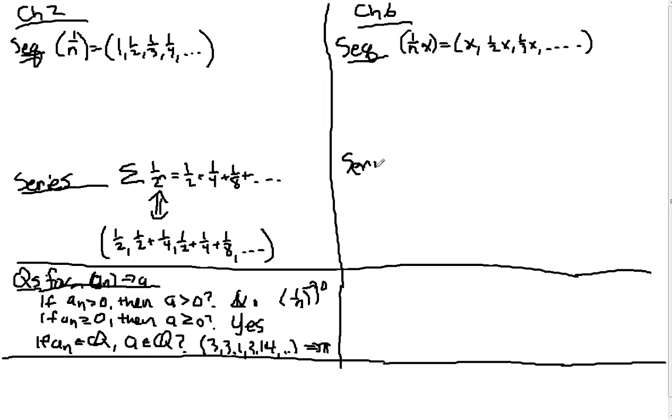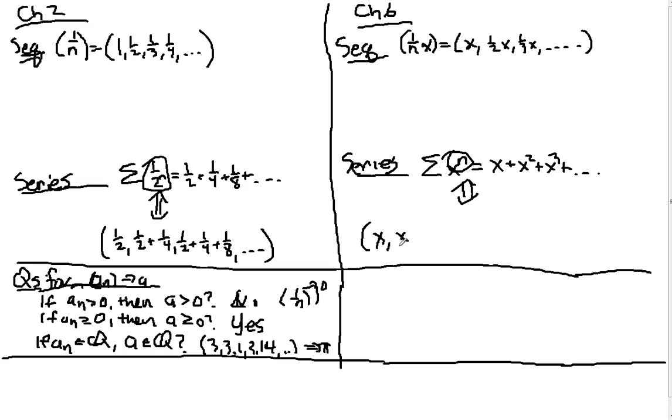And similarly, we can look at series. Our series are going to look mostly like power series, so it's going to look like x plus x squared plus x cubed plus so on. And very similar to the way we deal with infinite series of numbers, even if the terms are functions, we still look at the sequence of partial sums.